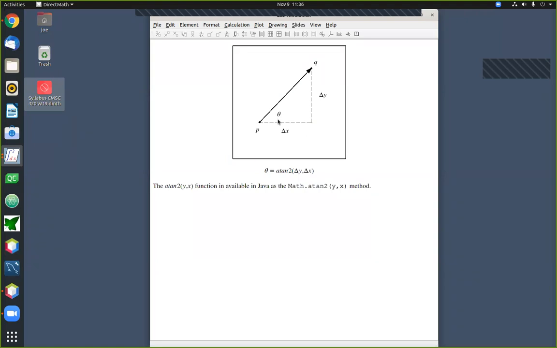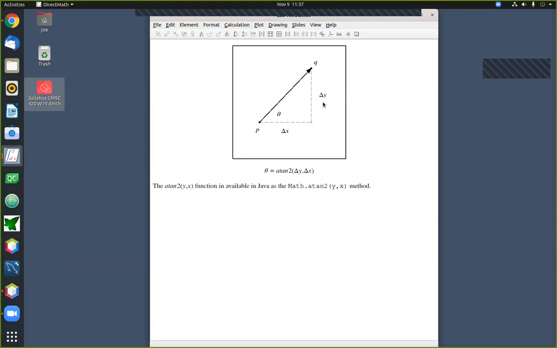Right, now one thing you'll need to know to do this week's lab exercise is how to actually compute that polar angle from the 2 points that you're given, the reference point and the other point. Well, the procedure for doing that is to begin by computing the differences in x and y values between these 2 points. So for example, if you take the difference in the x coordinates of these 2 points, that gives you a measure called delta x. And if you take a difference in the y coordinates of these 2 points, the y coordinate of this one minus the y coordinate of that one, that gives you a second distance called delta y.